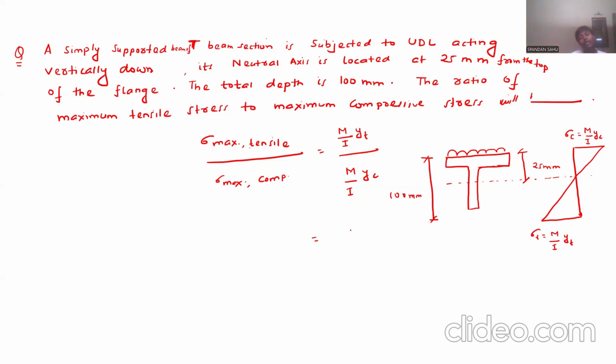So YT by YC will provide you the answer for your desired question. So YT will be 100 minus 25 and YC is 25, given. So 100 minus 25 is 75, and divided by 25 will give you the desired result of 3. So your answer should be 3.